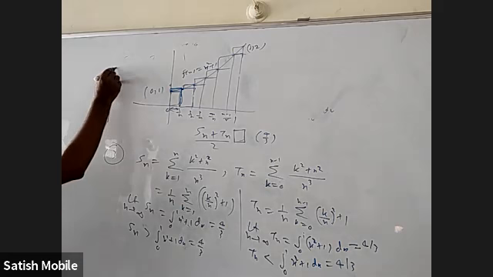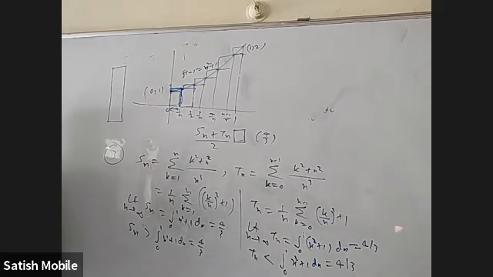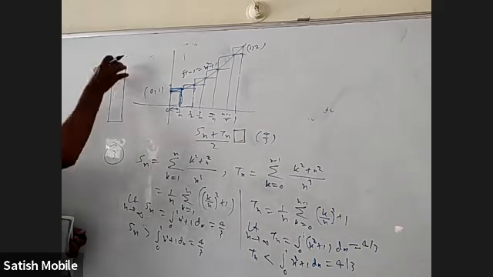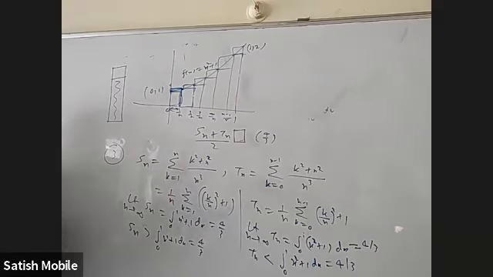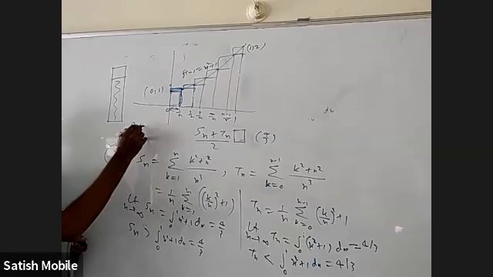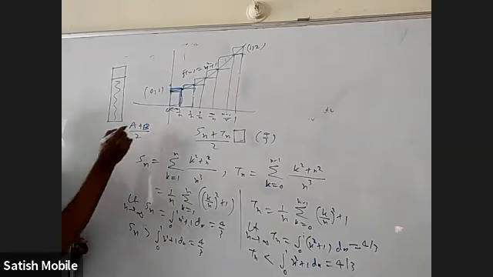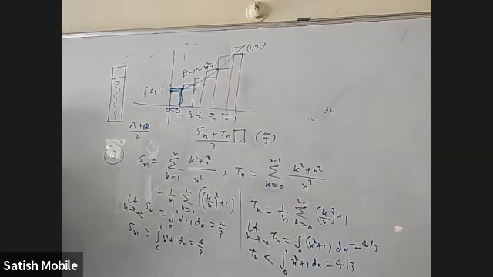Let me ask another question. Area of this rectangle is A. This whole thing is A. If you take only up to here, this area is B. Tell me, A plus B by 2 will represent which area?